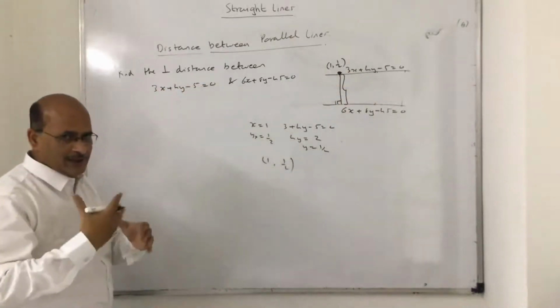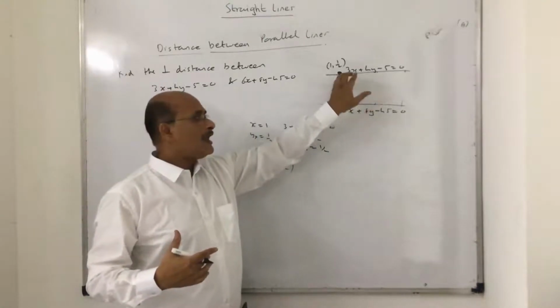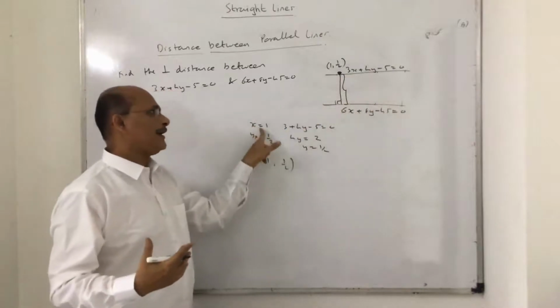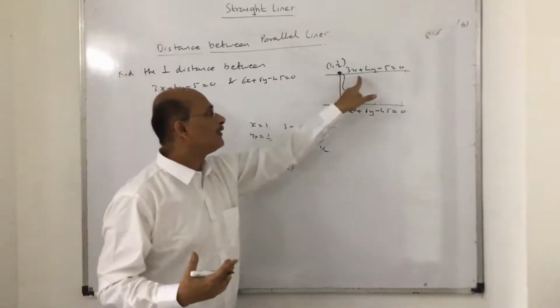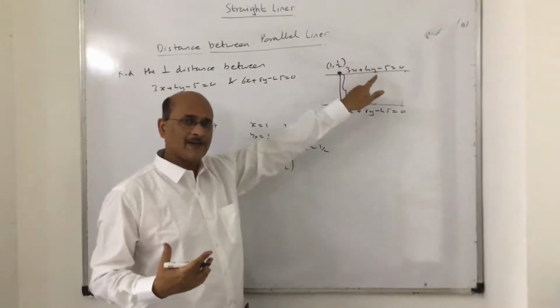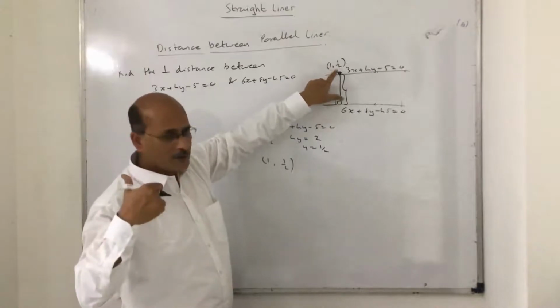So logic says, first find the coordinates of a point lying on this line. For example, you can assume any value for x and find the corresponding value of y. That means this will satisfy this particular line, so this point lies on this line. Once you get this point, then use the perpendicular distance formula from a point to a line.